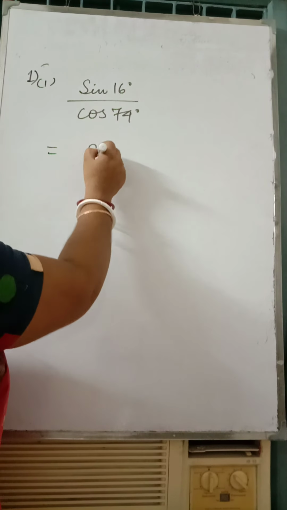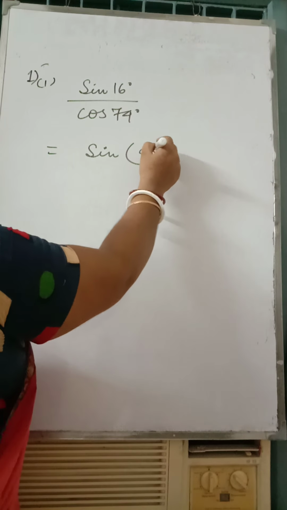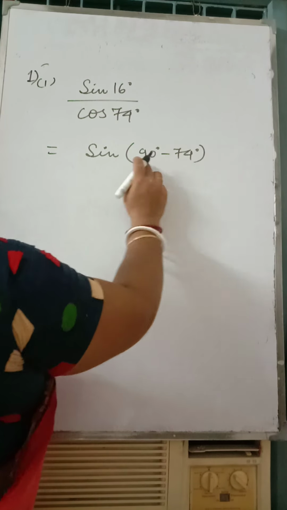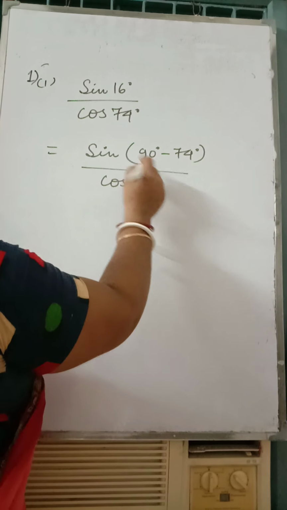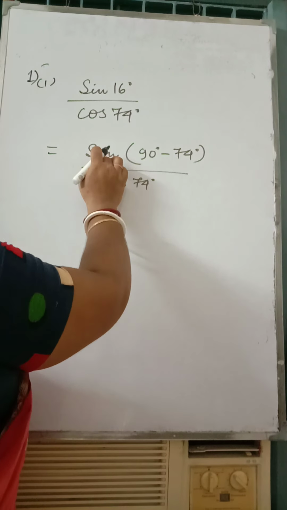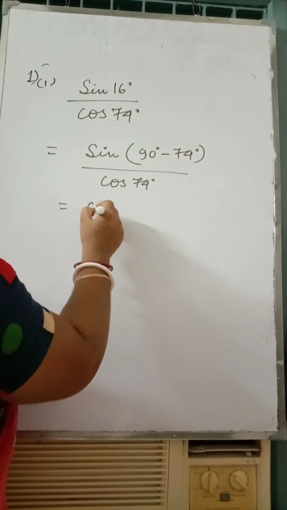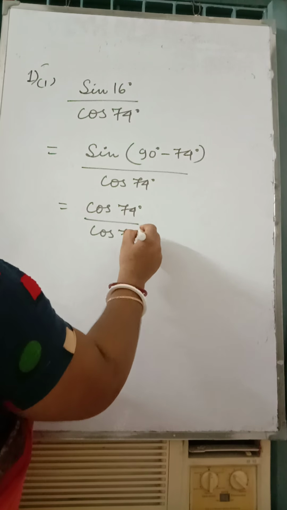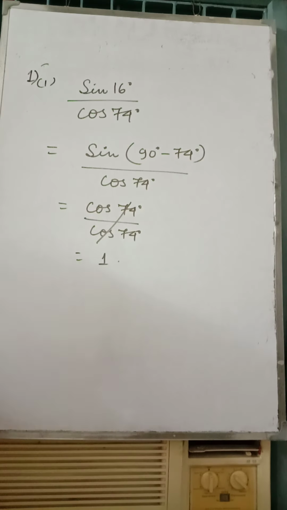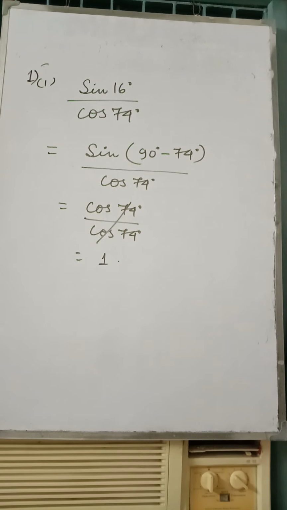Now sine 16 degree, may I write it as sine 90 degree minus 74 degree. 90 minus 74 gives you 16. By cos 74, 90 degree minus theta is equal to cos theta. So sine 90 degree minus 74 degree is equal to cos 74 degree. Cos 74 degree by cos 74 degree is equal to 1, that is the answer. So this we have to use. Using the complementary relation, we need to finish these sums. Is it, my dear?